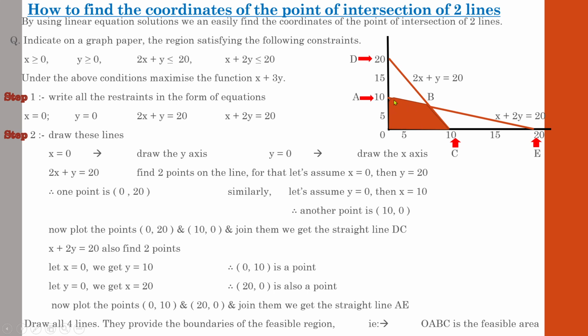This is known as feasible region, and you need to identify the points of the feasible region, because of how this area is obtained. That is O. Next point is 10. What is the name of that?